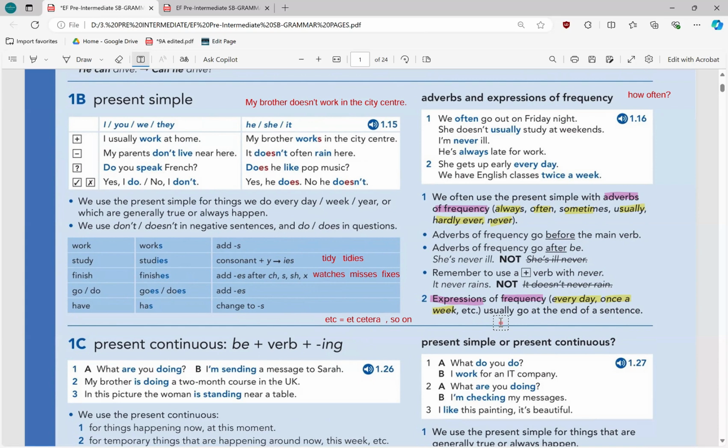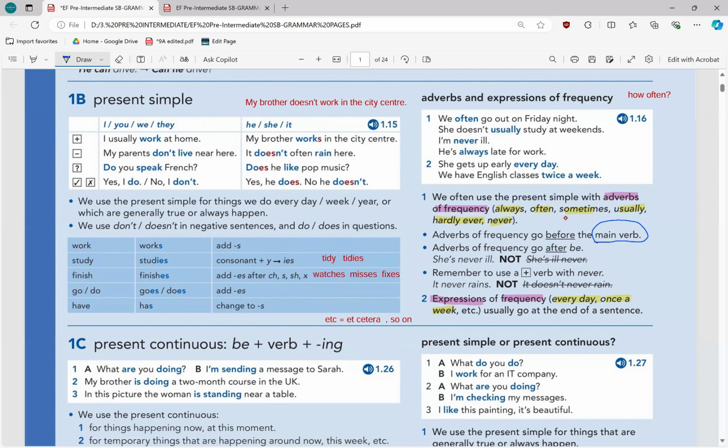So now how are we going to use them? The position. Where are the positions of these words? Right. So now adverbs of frequency, like always, often, sometimes, usually, hardly ever, and never. There are 2 ways to understand. If it's a main verb, guys, then they come before the main verb.